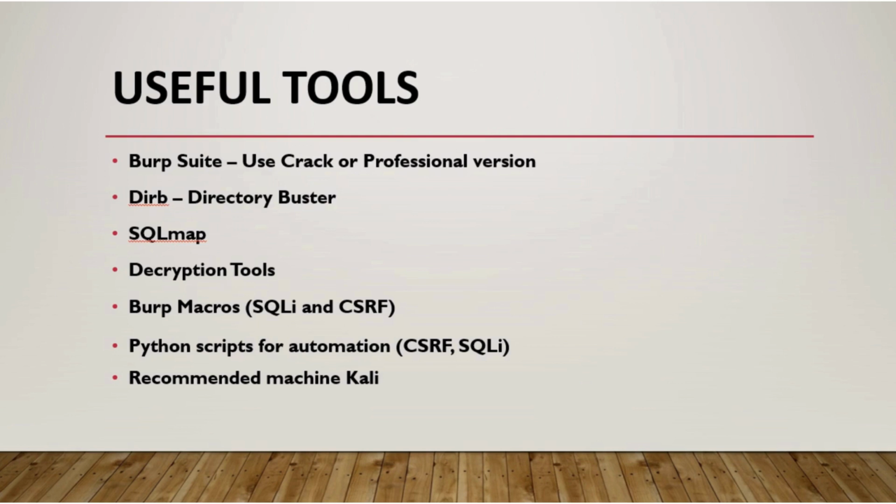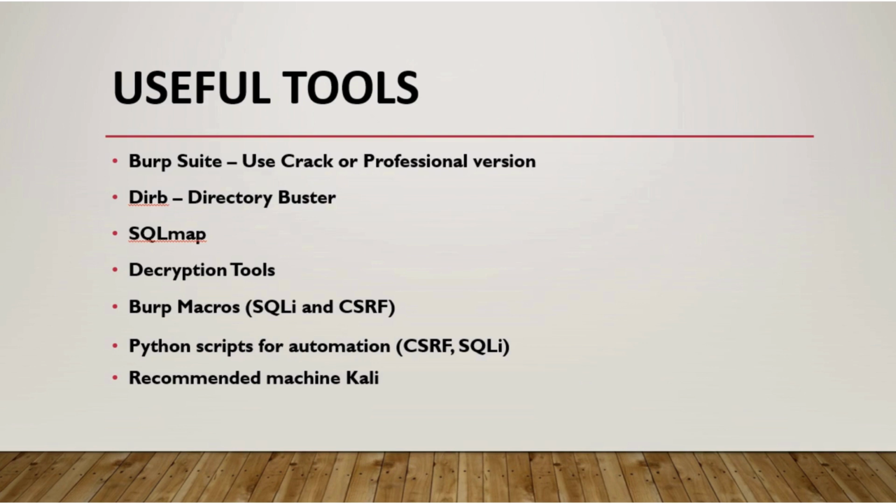Decryption tools will help you decrypt the SSRF file that we got. Burp macros are useful in SQL injection and CSRF attacks. It is very important to understand how to use Burp macros. There are various videos on YouTube, so you can check those videos.